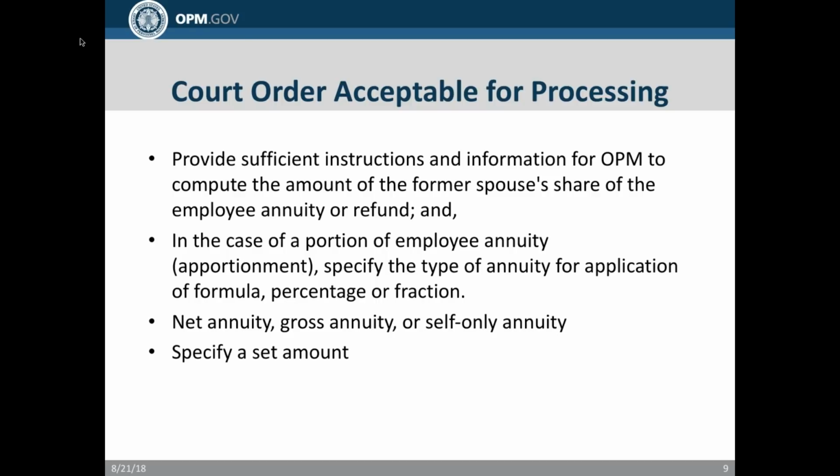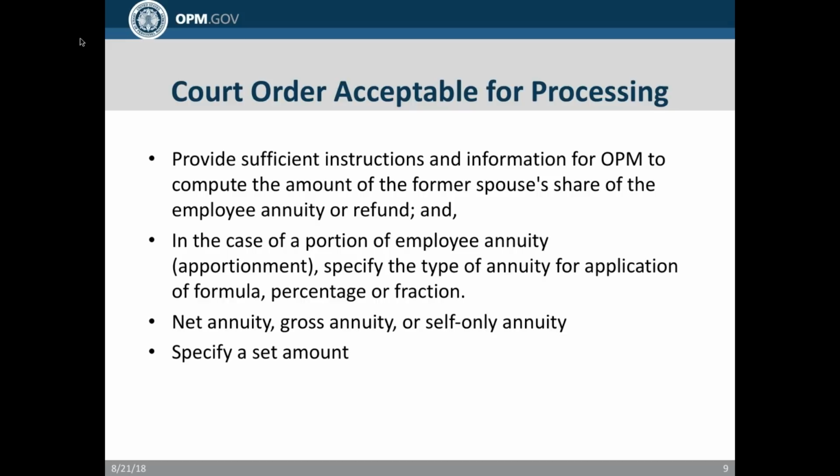So it must be really clear on how we're supposed to divide that benefit. We can't speculate. The formula must be present, and the variables in the formula must be very clear to understand so we can properly process it. We don't want to imply anything.